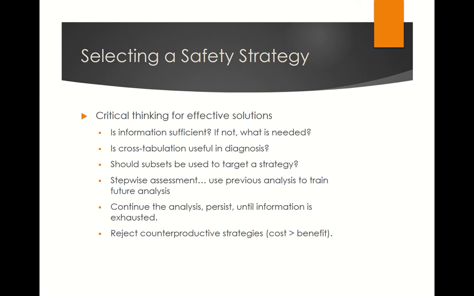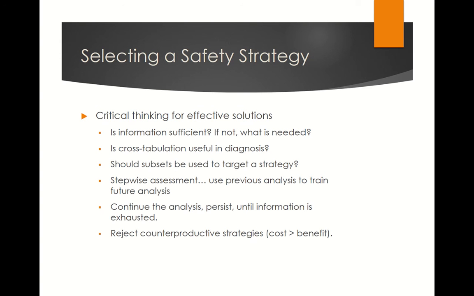Some stepwise assessment, of course, you make progress, see what that produces. You see some of those decision trees that they include in the Strategic Highway Safety Plan, and if you follow those through, you get some insight there on some of the crash factors and contributing factors. Continue the analysis and persist until the accessible information is exhausted.